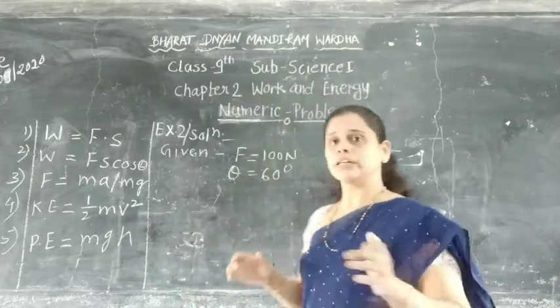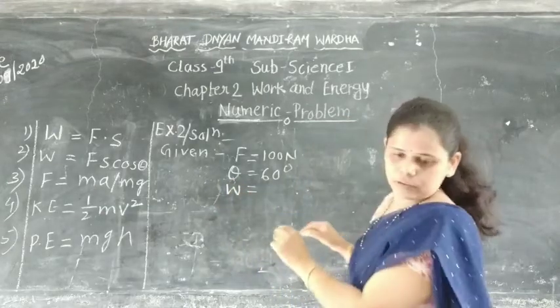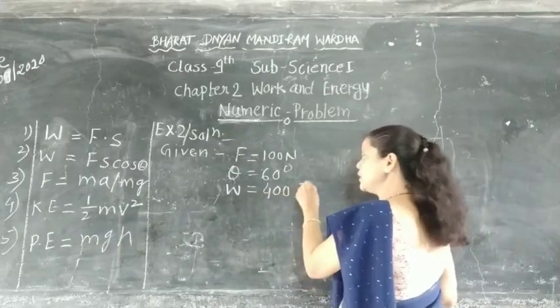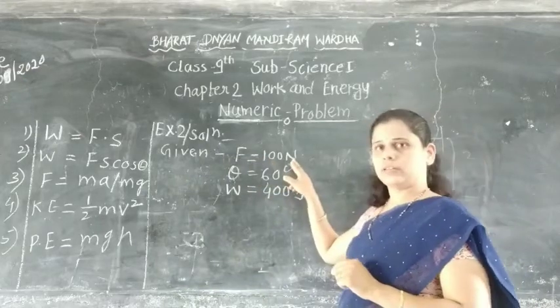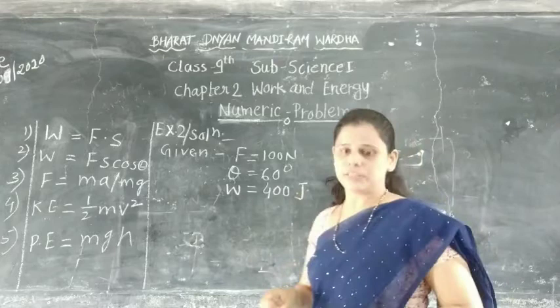That means the work done is given, denoted by W. W equals 400 joule. And all these units are in SI system. F is in Newton, work done is given in joule, that means in the SI system.